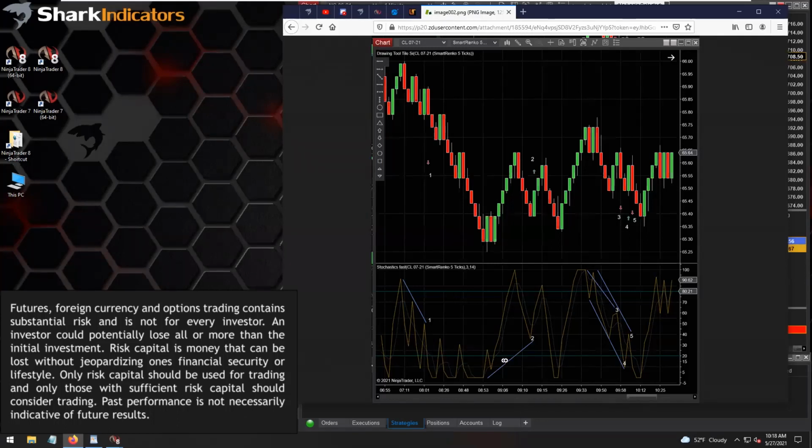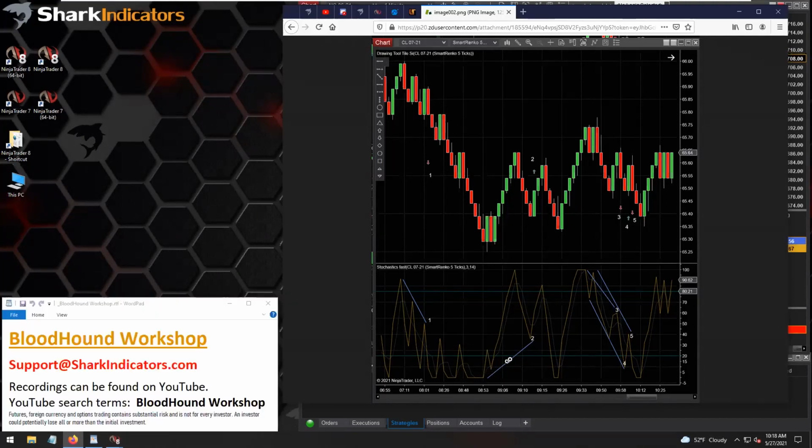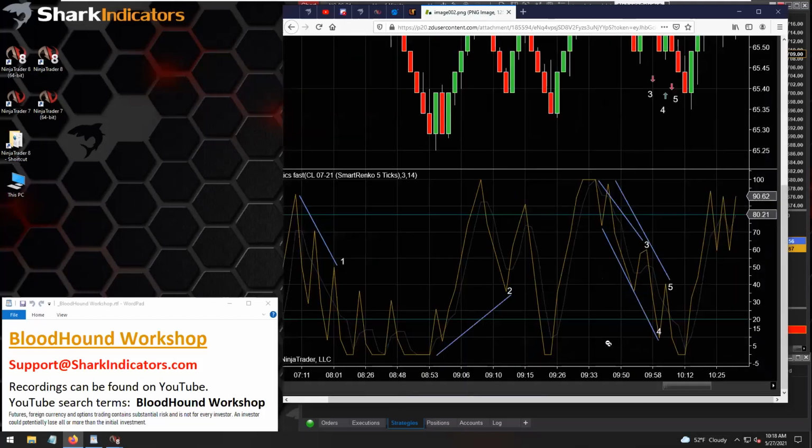So Dan sent this one in here. Dan says, my question is that number 2 is sloping up, but number 4 is sloping down, right? So we have 2 different slopes here. They're both on the bottom, the swing low points, but number 4 is sloping down, and you have a long signal on a down slope.